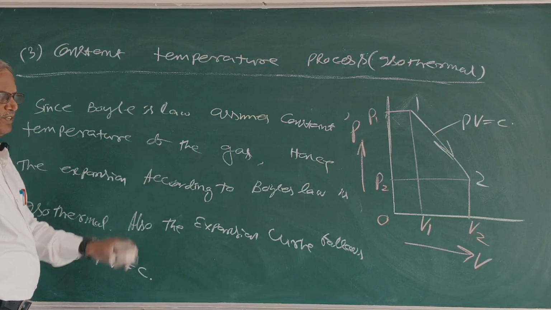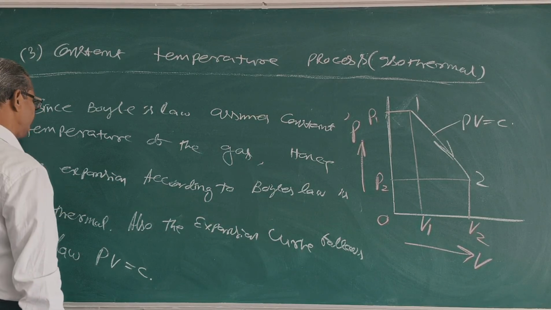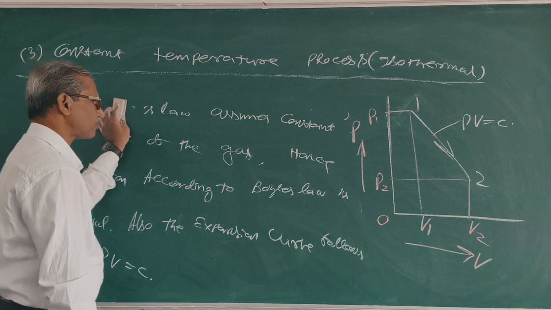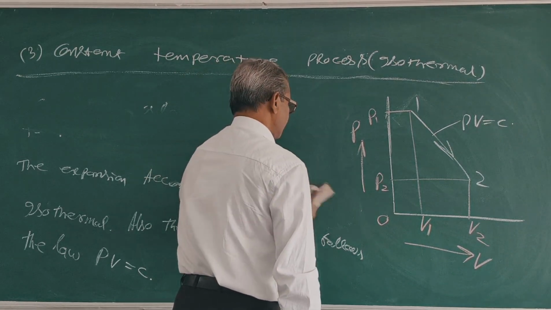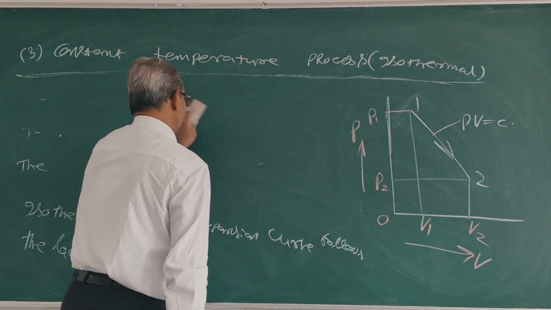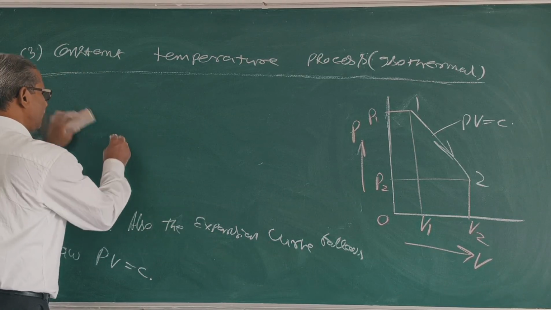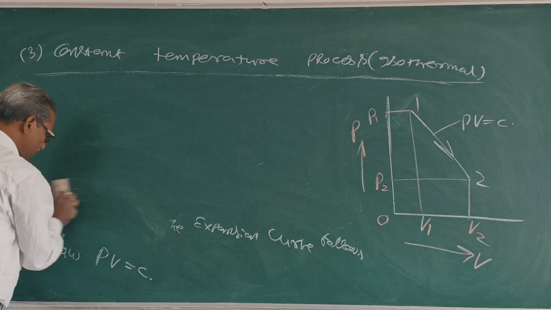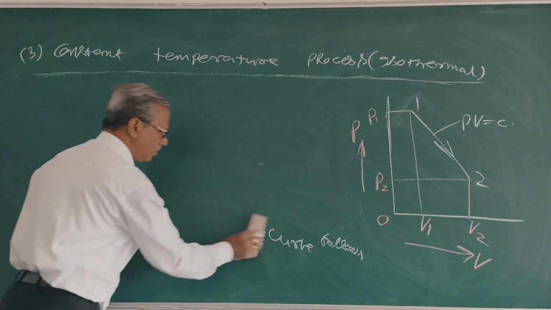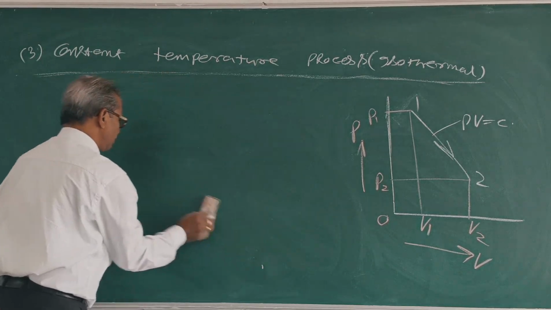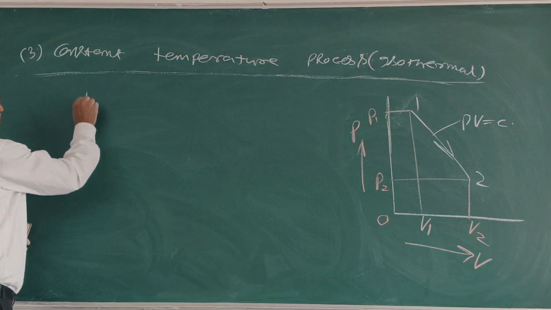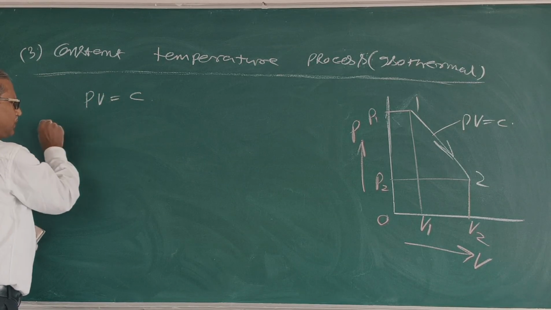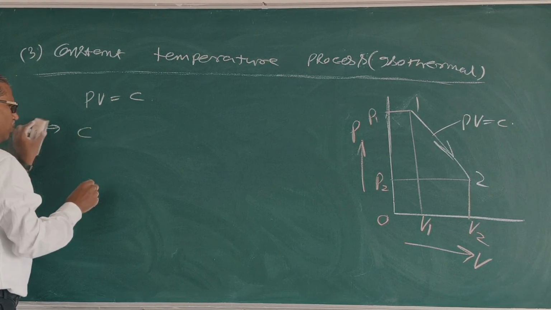If PV is equal to constant, then at the same place, what is P equal to?